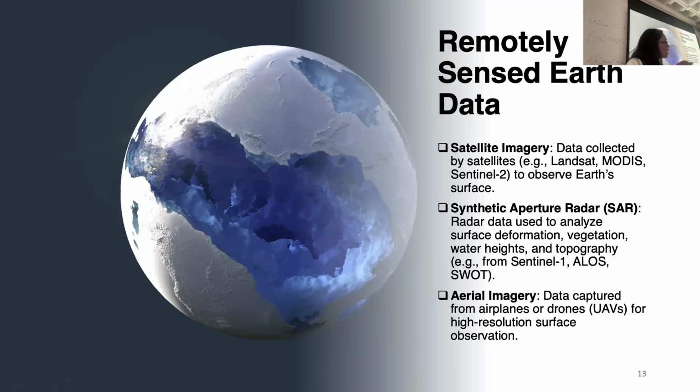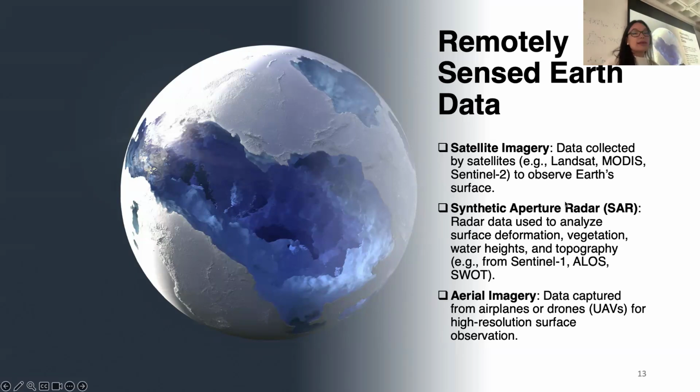These data sets are collected by various satellites such as Landsat, MODIS, Sentinel-2 to observe Earth. But these satellites require some sort of energy to look at an object. In this case, they require light, right? And if there are any clouds in between, you are not able to see those objects.